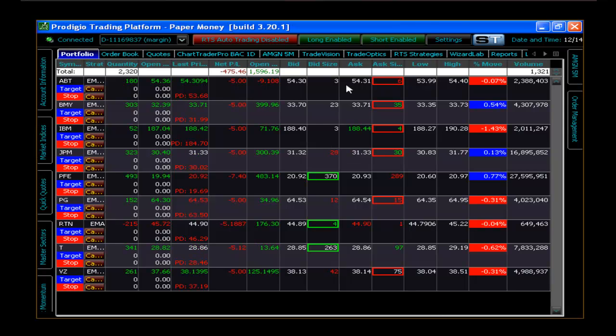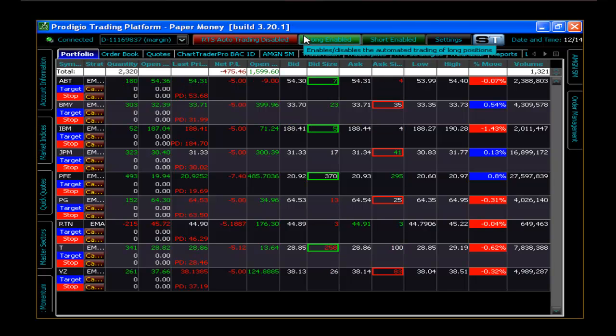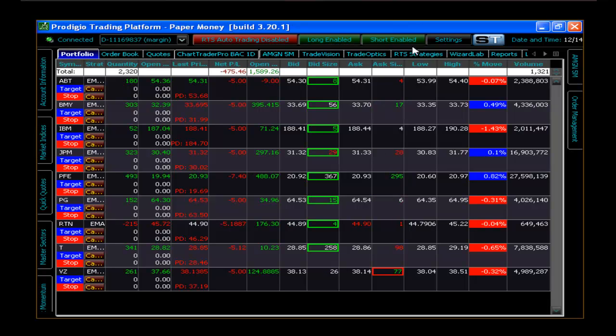The less human interaction that you have, the better your chances for getting favorable fills, which leads to favorable profits and losses. This, of course, extends not only to day trading, but also to your swing trading and even your investment trading as well. It comes with a number of features that facilitate this automated and semi-automated management.